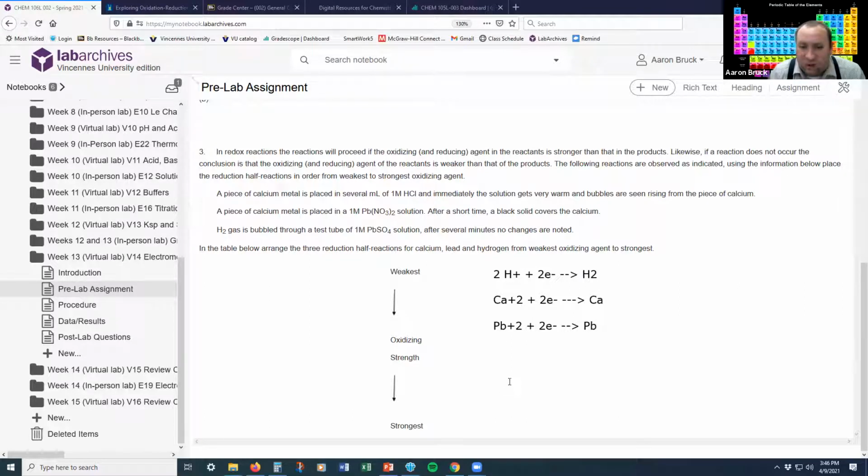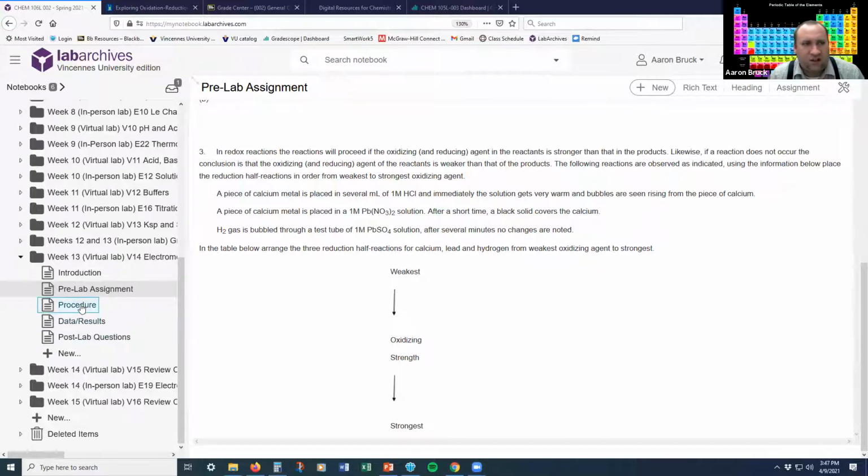The one that is the most accepting of electrons is the strongest oxidizer. The one that is the least accepting of electrons, the most willing to give them away, that's going to be your weakest oxidizer. And then the one in the middle is, well, the one in the middle. So that's what you're doing here in number 3.